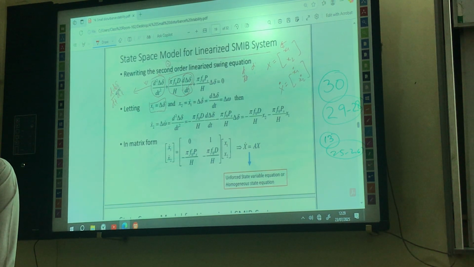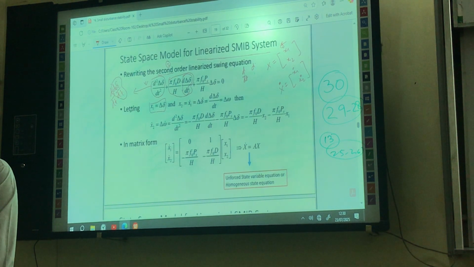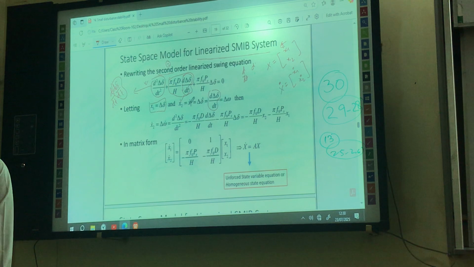Okay. So now, what is our second state variable? This term as a whole, right? Because this is with this d over dt term. This is our second state variable, x2, that is d delta over dt. And it is nothing but the first derivative of our first state variable x1. That's why x2 is nothing but x1 dot.